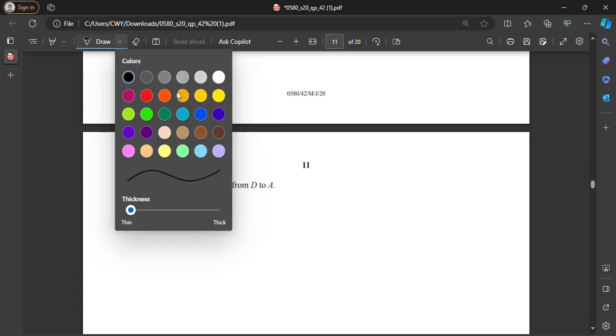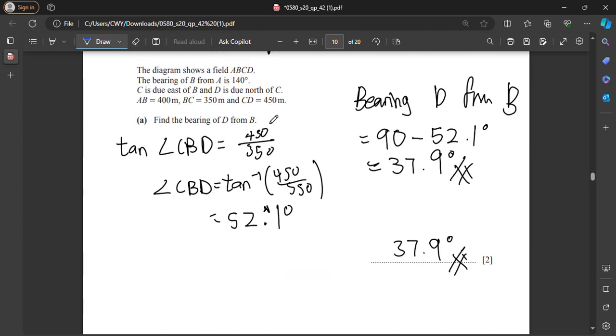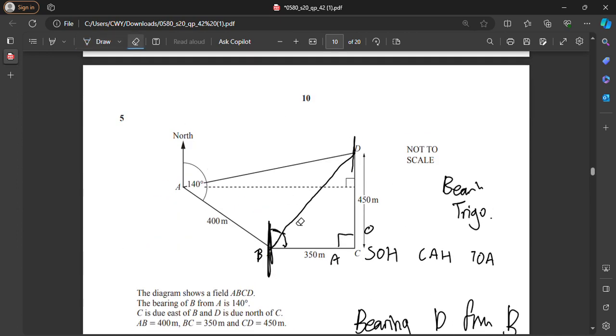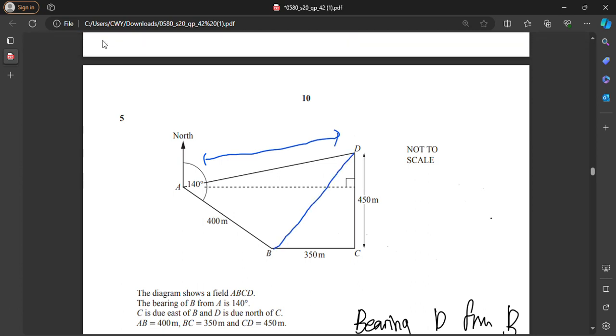Number 2. Calculate the distance of D to A. Let me just rub it off. It says the distance D to A, so that means we should be calculating DA, which is here. What I will do, as usual, is draw the line, and then I'll draw this angle.